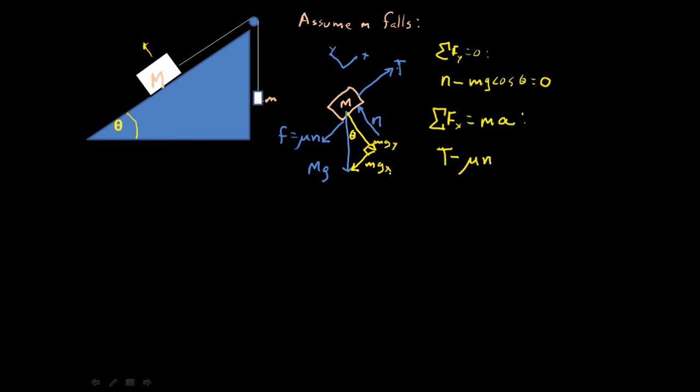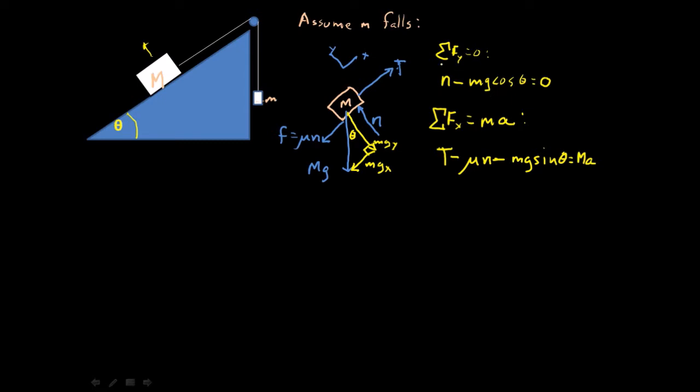And we're not finished. mg sub x is a negative force in the x direction also. So we also have to write minus mg times the sine of theta. And furthermore, that doesn't equal 0. It equals the big mass times the acceleration.